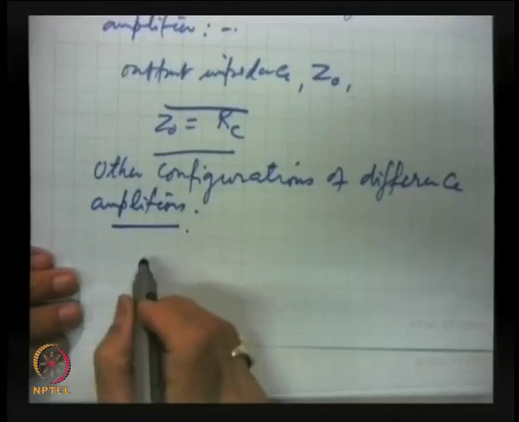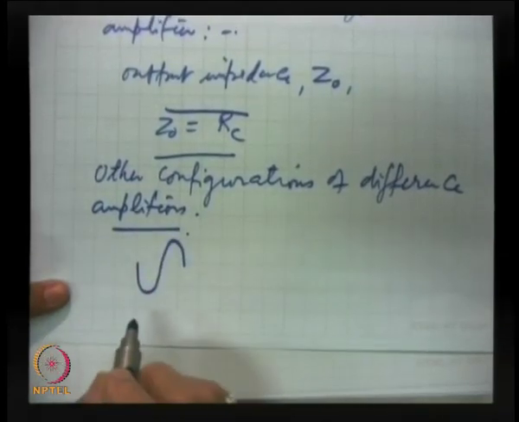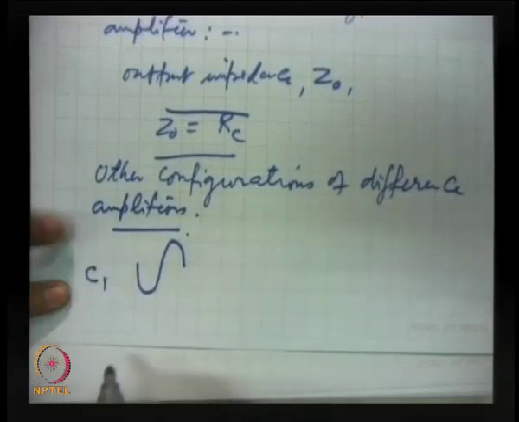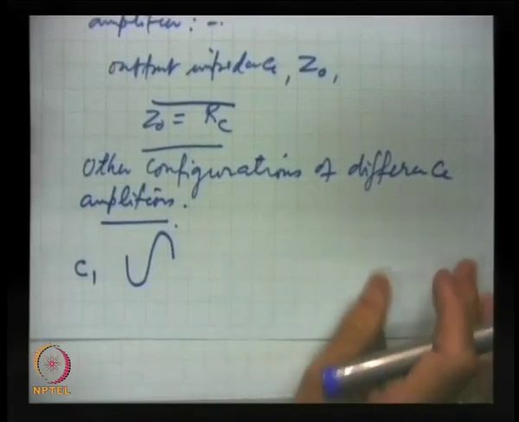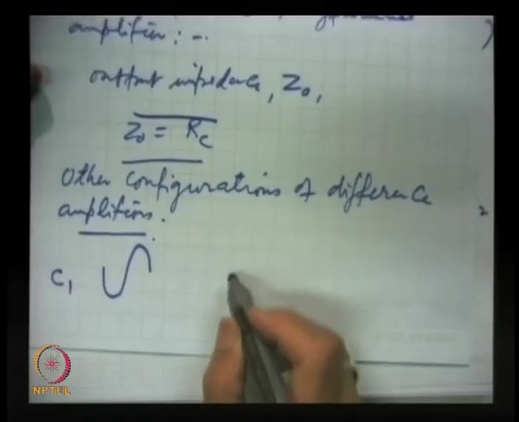For example, when both signals were there, the output at the Q1 collector was like this. This was from the collector C1, and the collector of C2 was like this.